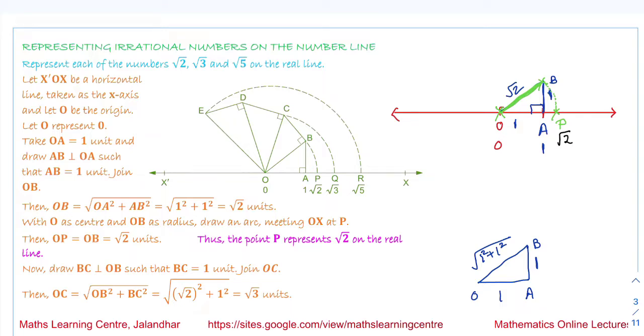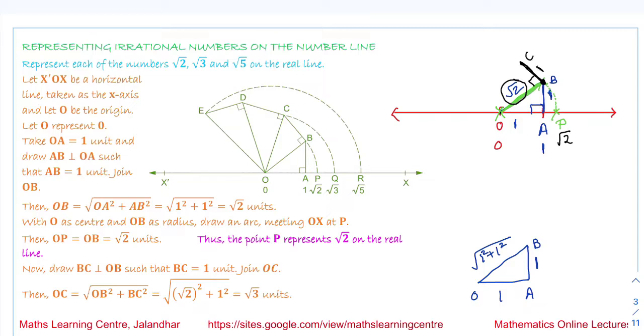Now next we have to draw square root 3. To draw square root 3, what we are going to do is, now we have this length, which is square root 2. At this point B on this line OB, we draw another perpendicular. At the point B, we have drawn the perpendicular BC.